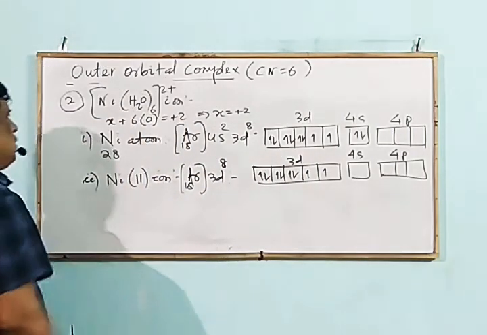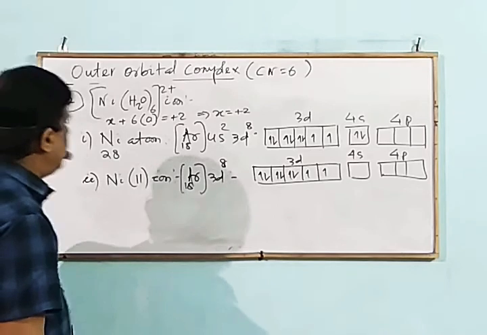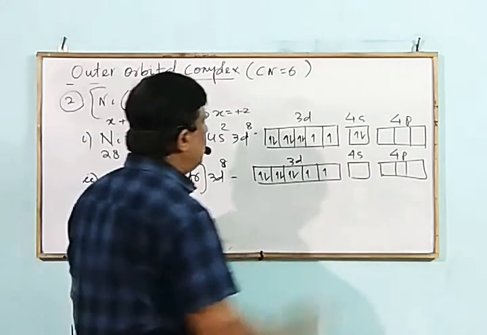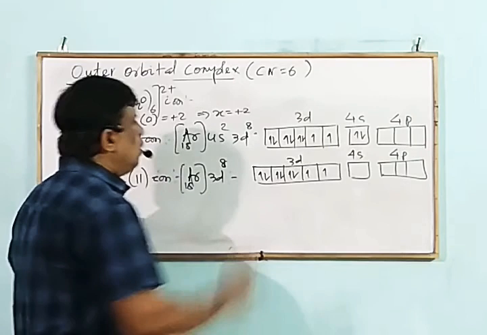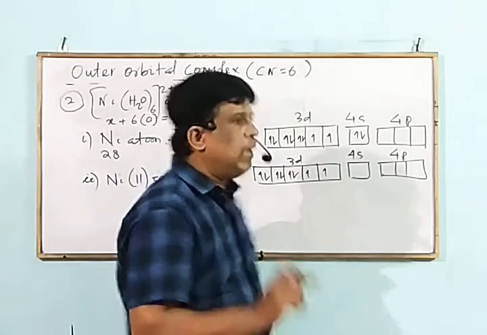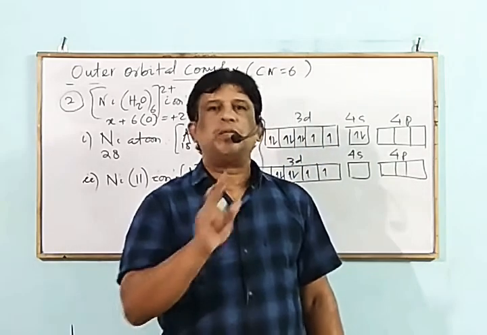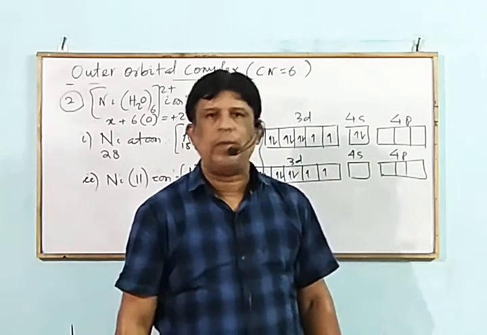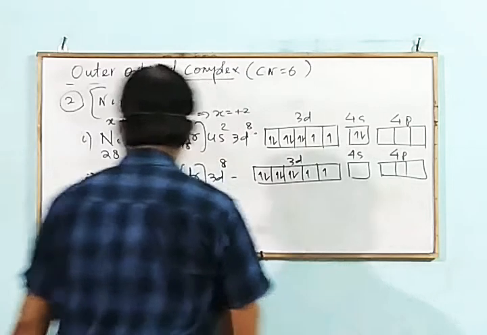And as it is a weak field ligand, the electronic configuration will obey Hund's rule, with no pairing of (n-1)d electrons. That means here the outer orbital, that is the 4d orbital, participates in the hybridization. So mark that, point 3.